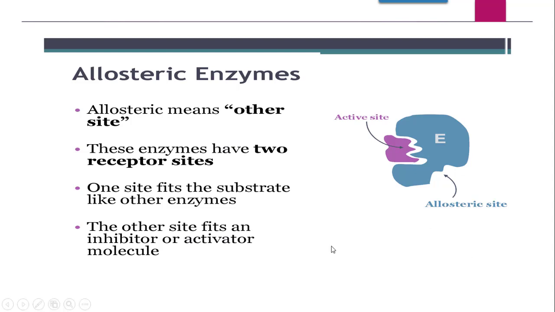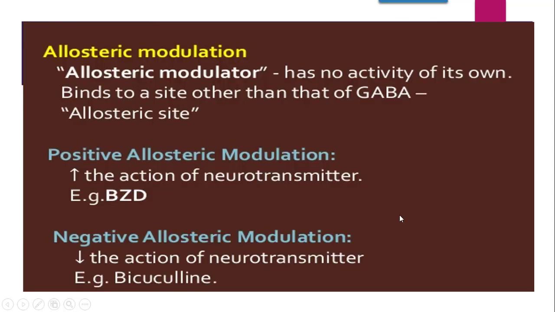But benzodiazepine, by binding to the allosteric site, will modulate that. How will it modulate? It binds other than at the GABA site. That site is known as the allosteric site, and there can be positive modulation or negative modulation. Positive modulators increase the action of the neurotransmitter.